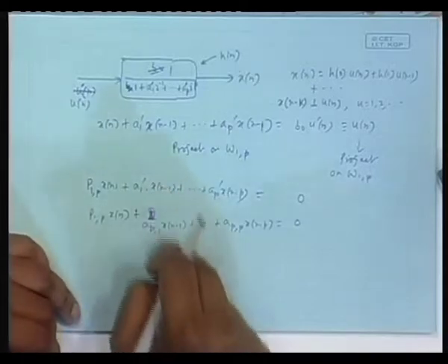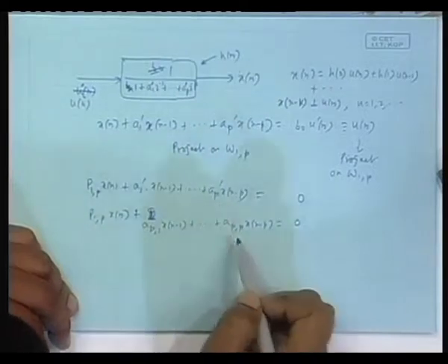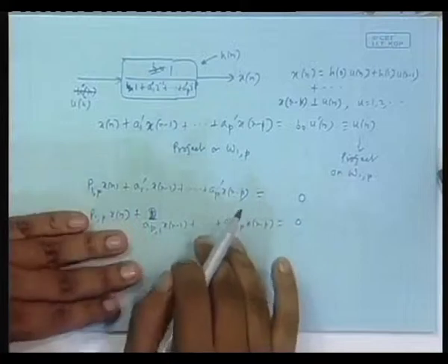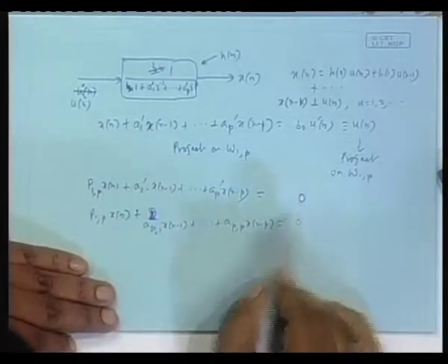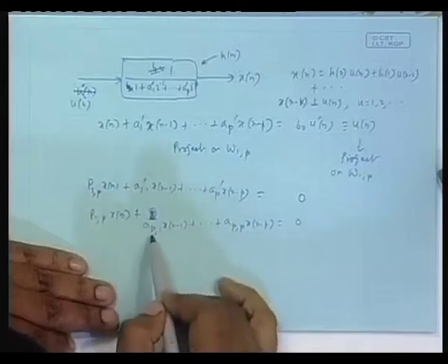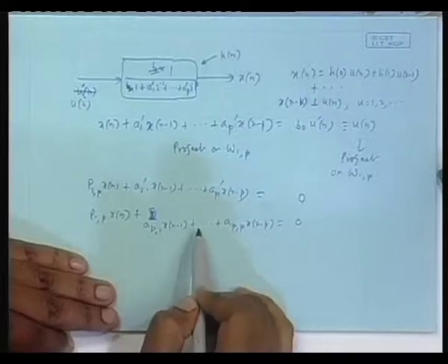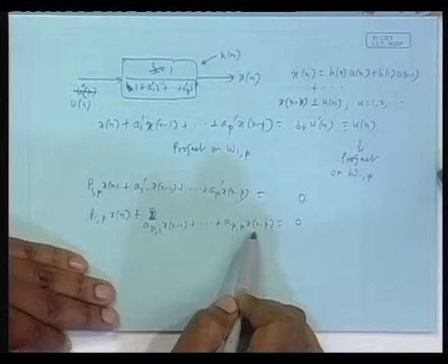Now, if you just take these two, obviously, by comparing, A1 prime is this, AP prime is this. But mathematically, if you subtract this one from this one, you get A1 prime minus AP1 into xn minus 1, plus A2 prime minus AP2 into xn minus 2, plus dot dot dot, plus AP prime minus APP into xn minus p, equal to 0.